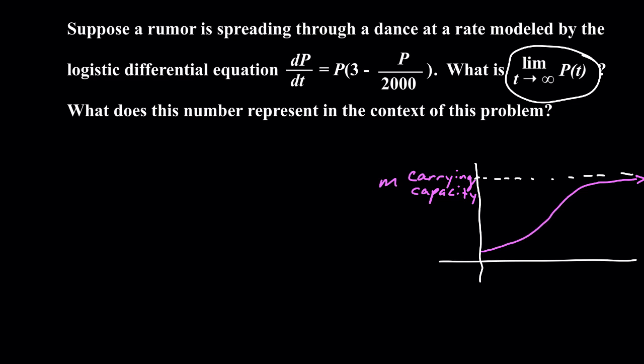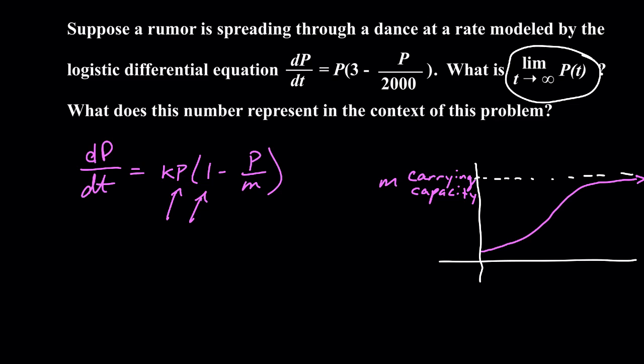And so on this particular problem, remember that the generic formula is dP/dt equals kP times 1 minus P over M. So if we can get this value right here to be 1, we have a P to the first power out here, we have P to the first power here, the number in your denominator is going to be your carrying capacity.